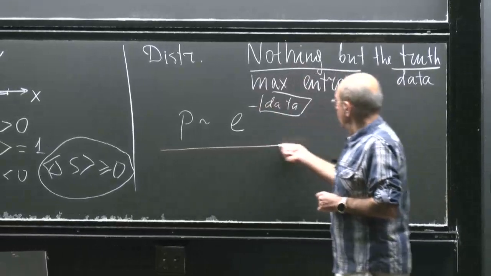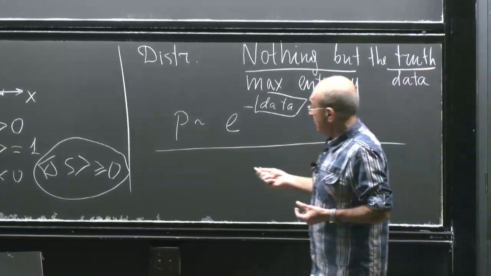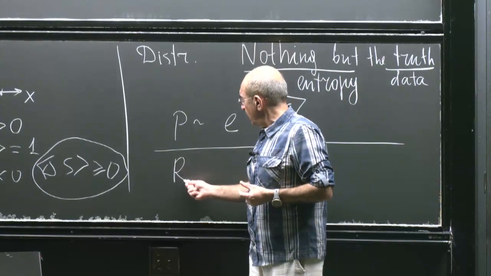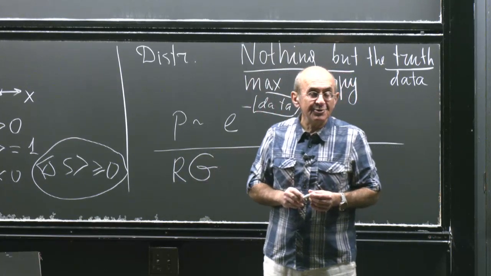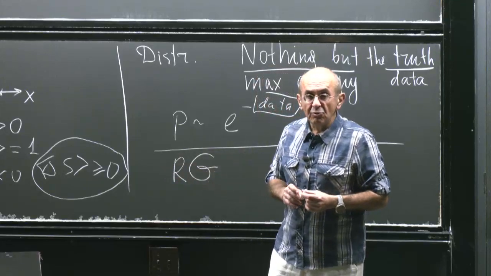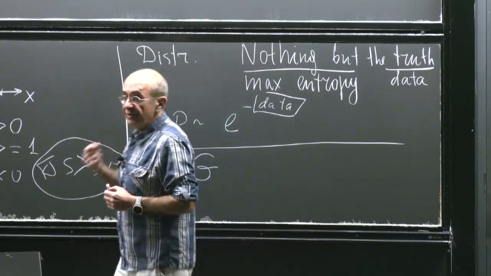And maybe the last, and this is particularly a physicist's thing, but it's getting more and more important all over, and now everyone tries to learn it, is the renormalization group as a right way to forget.